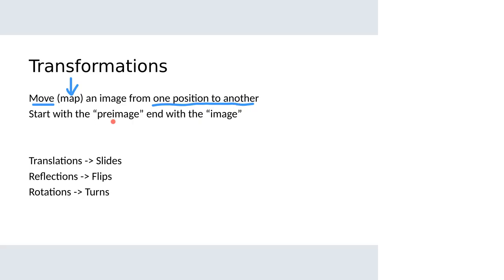We start with what's called the pre-image, and we end with the image. So we don't have an image and a post-image. Instead, we have a pre-image that we start with and an image that we end with. The way that we're going to denote that is, let's say we have triangle ABC that is our pre-image. Then after we move it, we would call it triangle A prime, B prime, C prime.